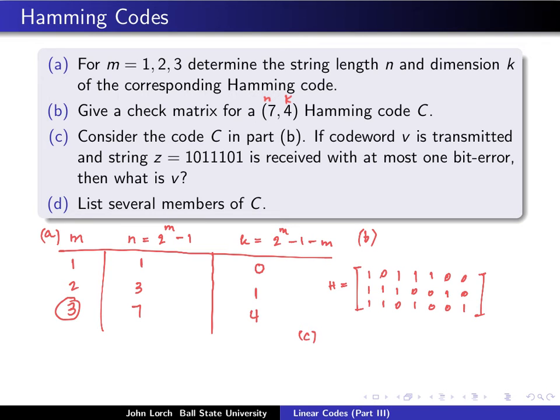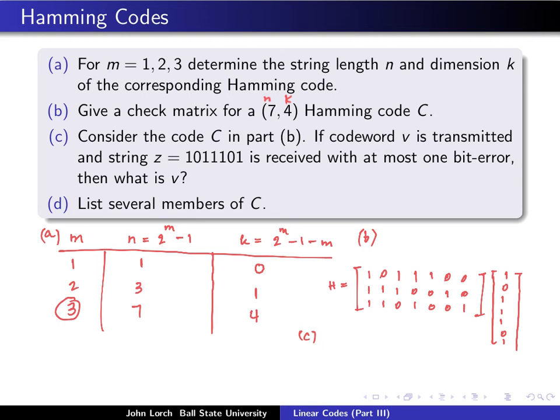So you might remember how we do this. We take our string Z and multiply it by H. Here's our string Z, so it's 1, 0, 1, 1, 1, 0, 1. And we add all that stuff together, and we see what happens.